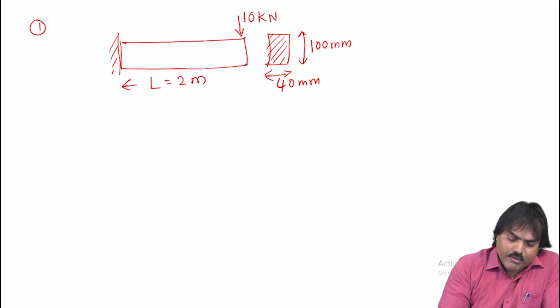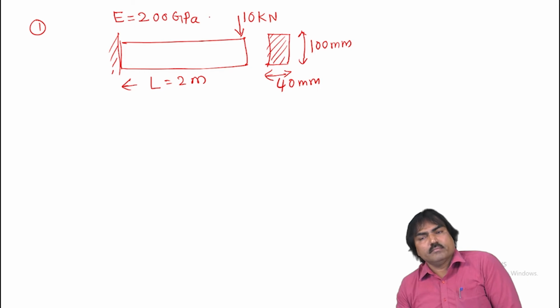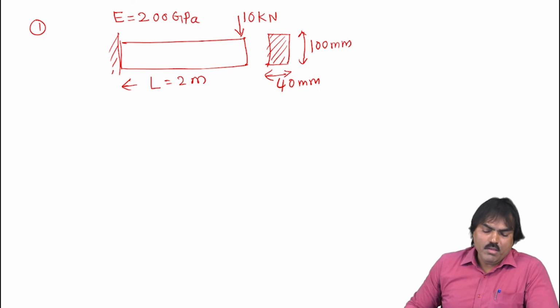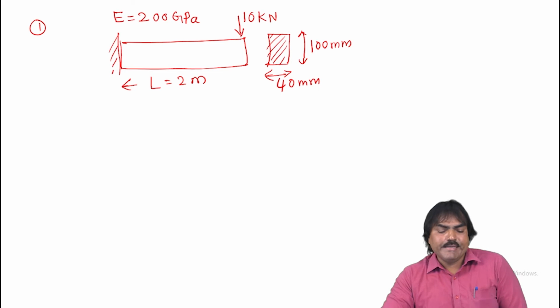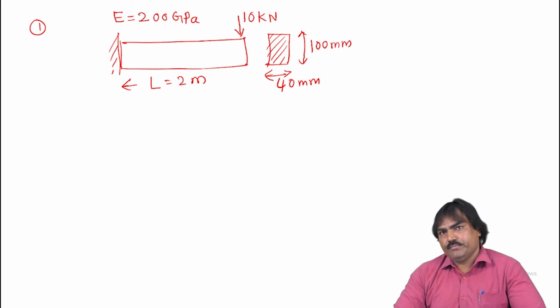The beam is made of steel where the Young's modulus is given as 200 gigapascals. So the question can be: determine the maximum slope and deflection at the free end.